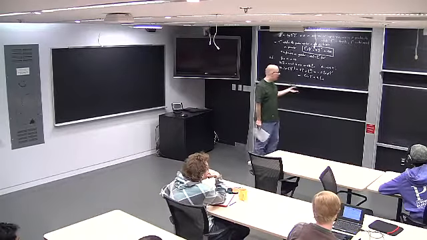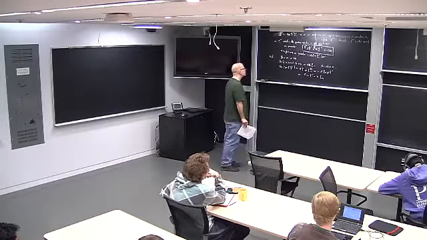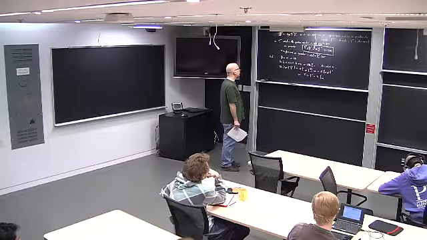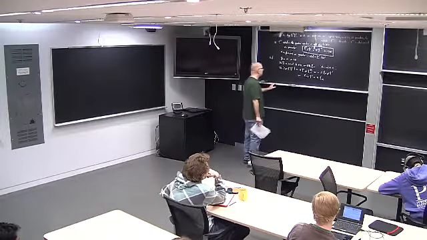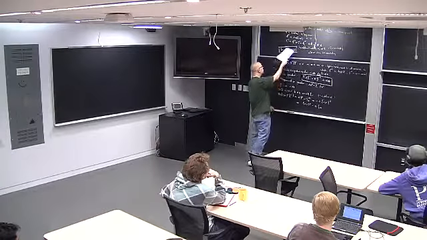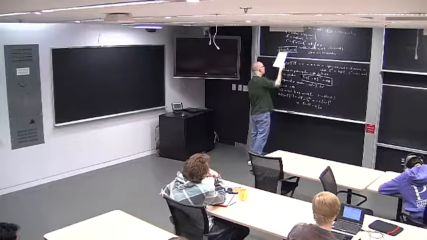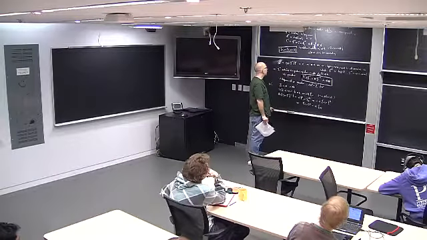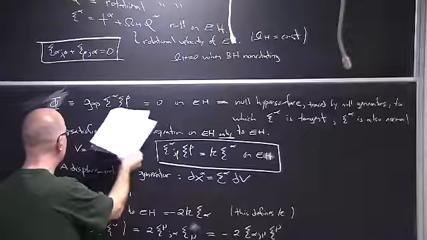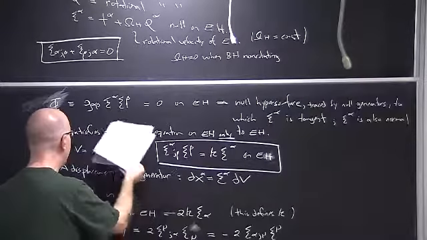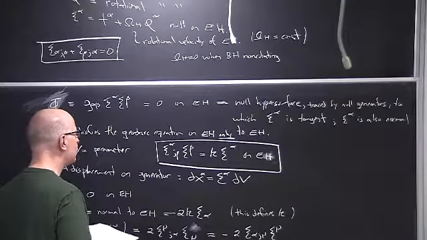Okay, so again, the chain of argument here is that we have the existence of this Killing vector on the event horizon. The event horizon is a null surface, so this vector is going to be null. It will then be used to define the event horizon, and it's guaranteed to be tangent to null geodesics.